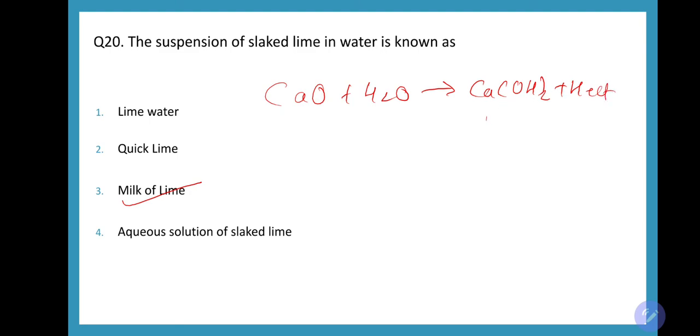This is known as slaked lime. The paste of slaked lime in water is known as milk of lime, and when filtered it is known as lime water.